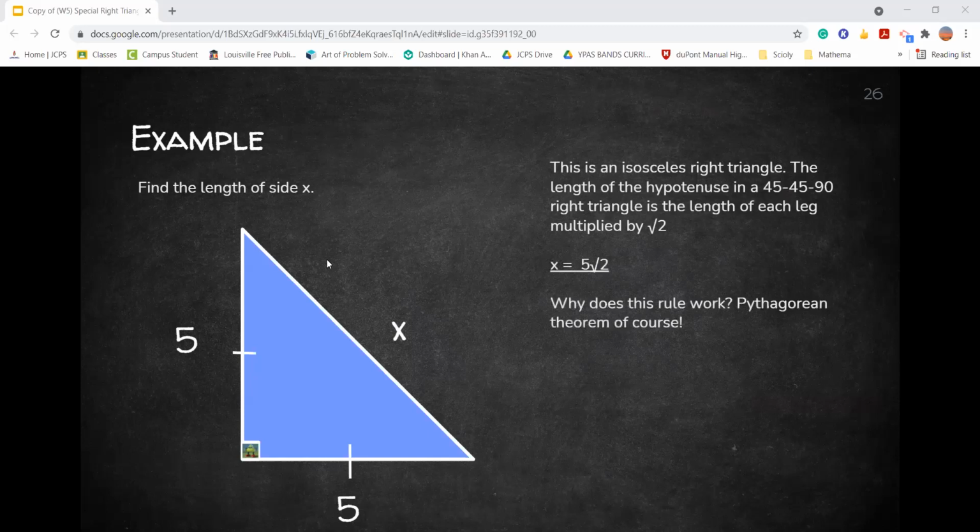And we know this works because if I just didn't know what that was, I can still just use the Pythagorean theorem, put in 5 for my legs, then find x, which gives me 5 root 2 anyways. But it's just a quicker way instead of actually having to calculate it every time.